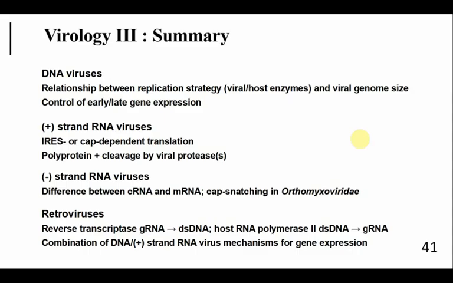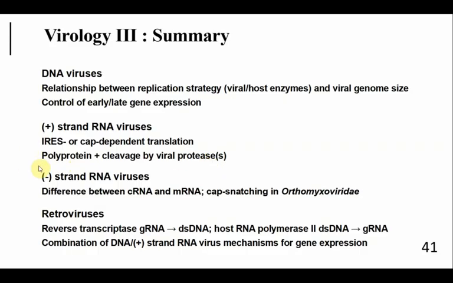The small DNA viruses always need to use the host cell mechanisms for DNA replication. And the other thing is early, late virus gene expression through a cascade of control mechanisms. Plus strand RNA viruses, IRES is a big thing, can be cap dependent in different viruses. And then the common theme is polyprotein and viral protease, cleaving it up into individual proteins.